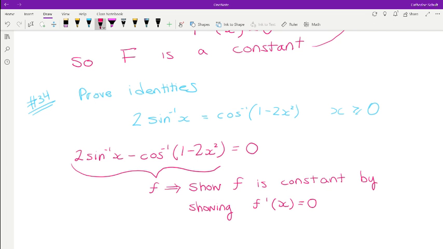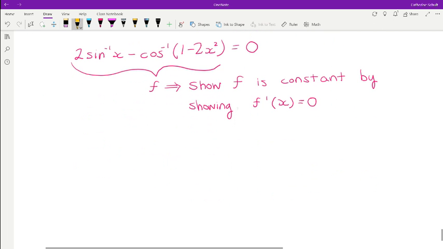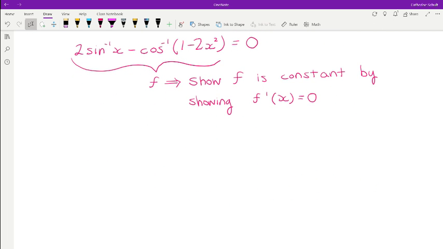Okay, so let's start by taking that derivative. Let's take the derivative of the left-hand side. Formally, let f of x be equal to 2 inverse sine of x minus the inverse cosine of 1 minus 2x squared.